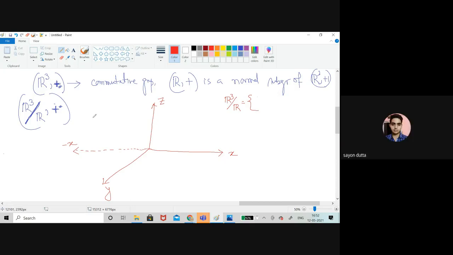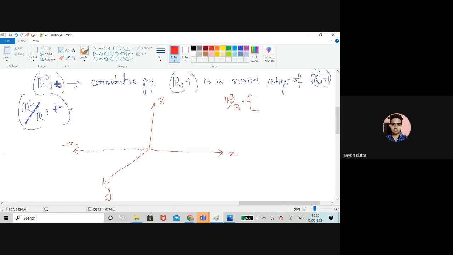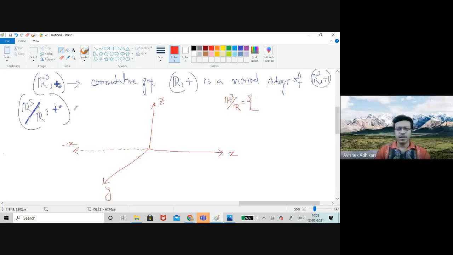Sir, will it be like R1 into, in bracket, R1, R2, comma R3, comma R4. Okay, I will come to it later on. Just a minute. Instead of doing this, first let us have a look at how this looks for the xy plane.